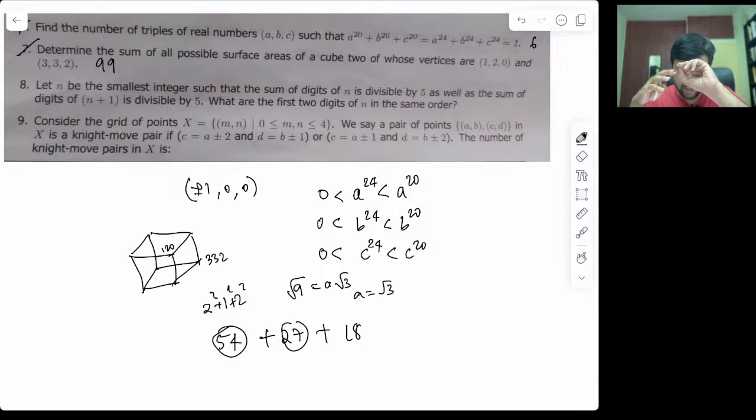Sum of digits of n is divisible by 5 and sum of digits of n plus 1 is also divisible by 5. Let's see. For that to happen, if you just increase by 1, that won't happen. So there should be a lot of carry. It must be towards the end or something.